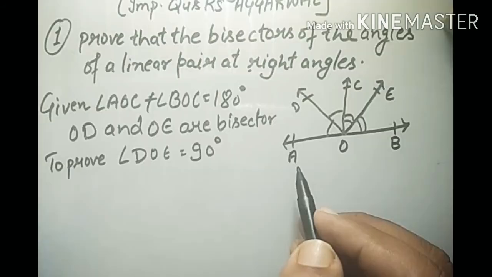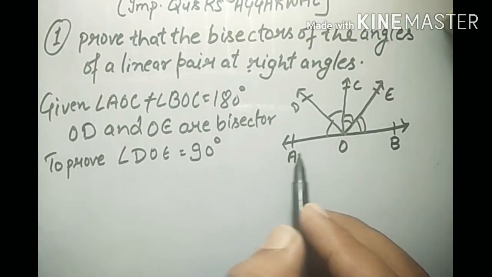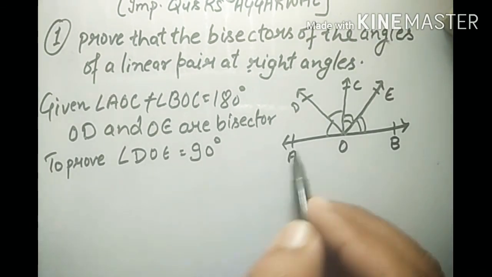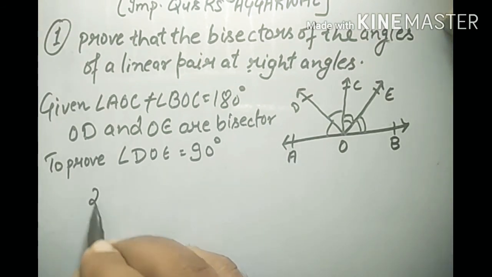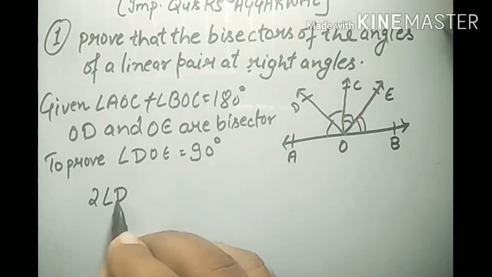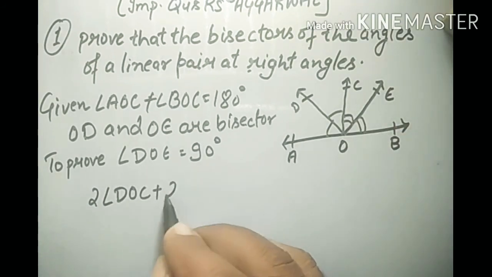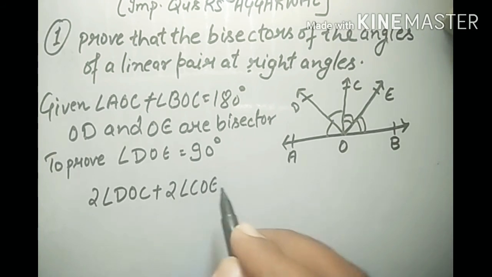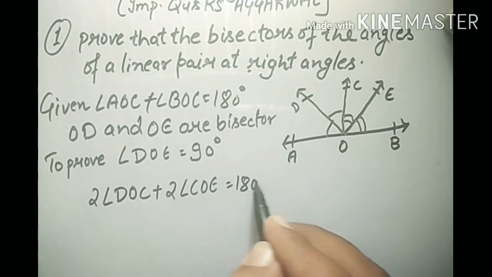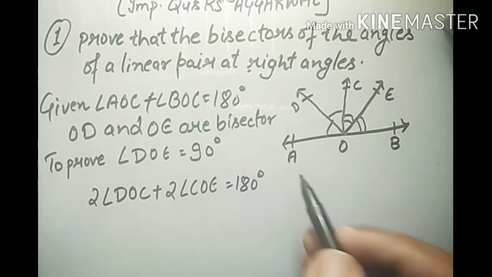Okay, to further solve this question we can write 2 times angle DOC plus 2 times angle COE is equal to 180 degrees. Why do we write 2 times angle DOC plus 2 times angle COE is equal to 180 degrees?